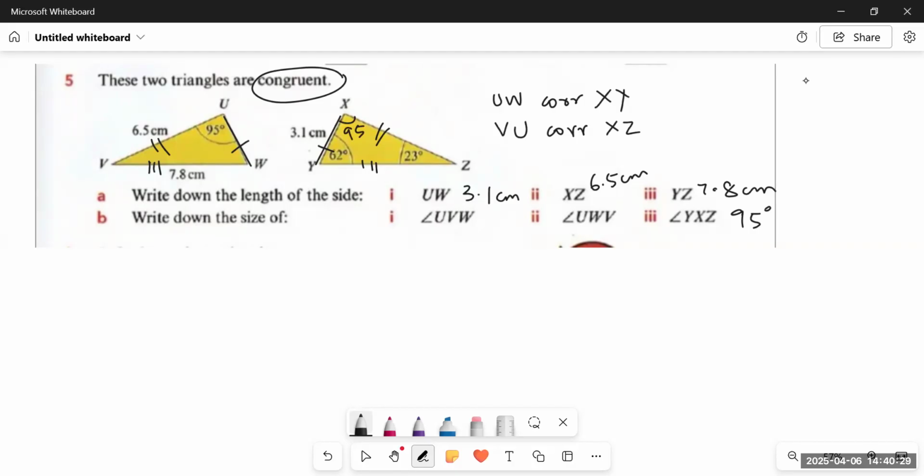Then since the sides UV and XY are corresponding to each other, this angle would be 62. This is what you have to focus on. Then the third angle would be 23. Okay, so UVW would be 23 degrees and UWV would be 62 degrees. Be very careful with these types of questions.